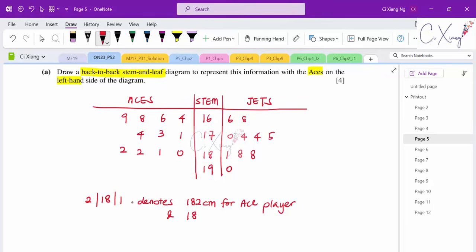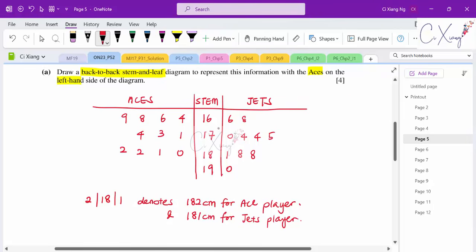Then for 181, it will be 181 cm for the Jets player. So by right, your complete back-to-back stem plot should look something like this. You should have the back-to-back stem plot itself and also the key. And for the key, please write out the sentence or the statement clearly, especially with the unit. So this is how we solve part A.